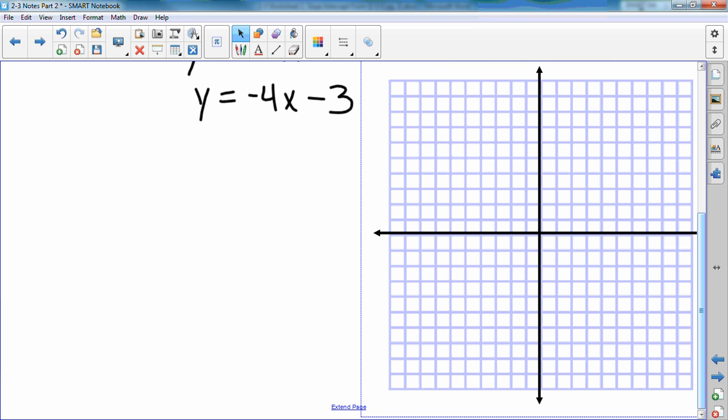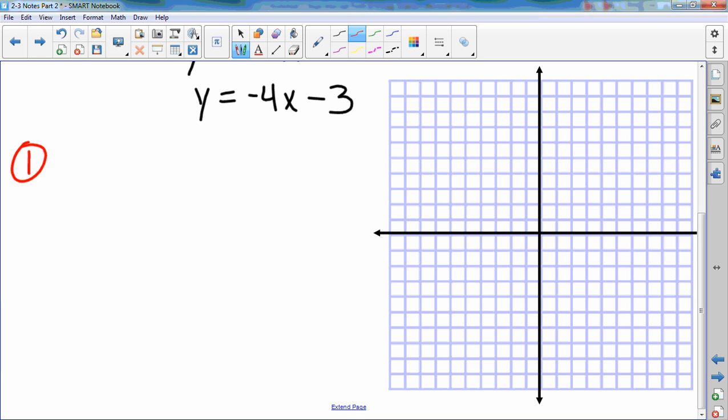Well, suppose we have to graph. What does the graph of this line look like? Because slope-intercept form is the graph of a line. How do you graph this line? What's the first step? Just give me a first step. The -3 is the y-intercept. So step 1, graph your y-intercept.